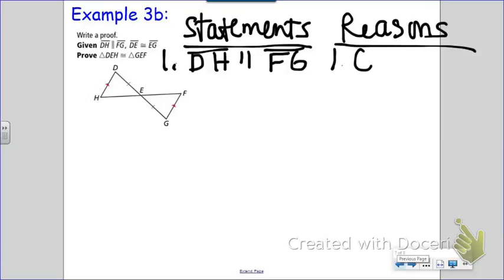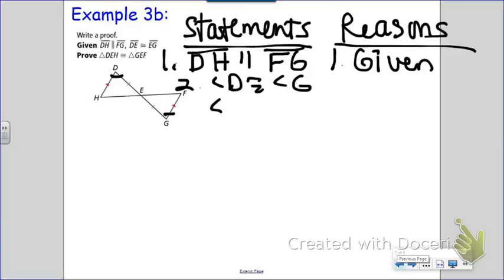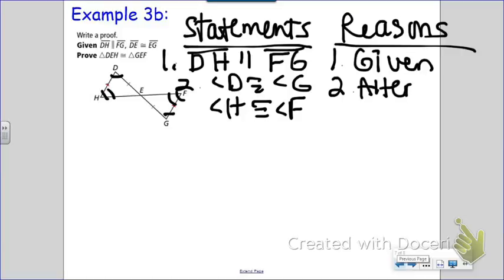Because we have parallel, we could technically use angle D and G and angle H and F. They're both alternate interior angles, so it would not be incorrect to use both of these pairs in a problem. So this is just a second way to look at the problem.